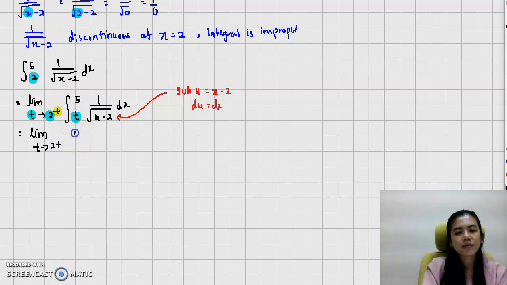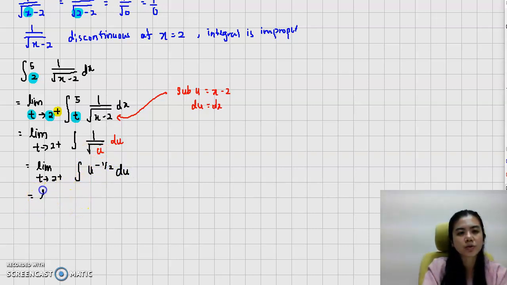In here we will have 1 over u, and this du we change to a form that is easier for us to integrate. So basically this is u to the power of minus 1 over 2 du, and it's very easy for us to do the integration.